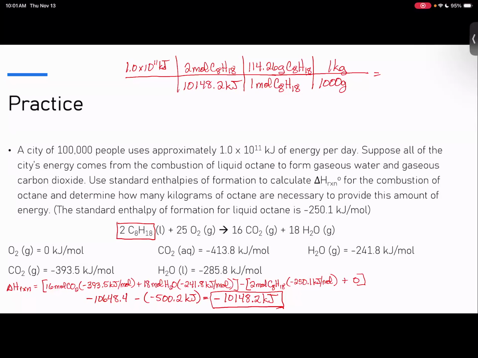And when you key this into the calculator, you get 2.25 times 10 to the 6 kilograms.